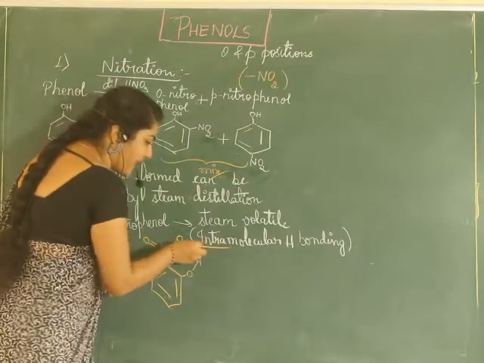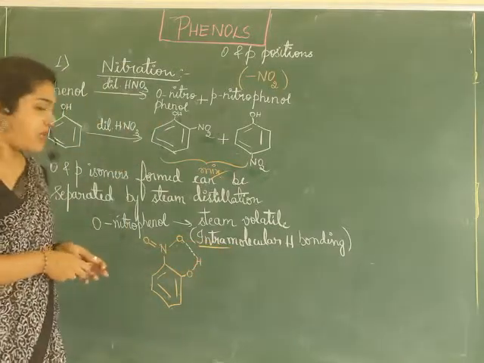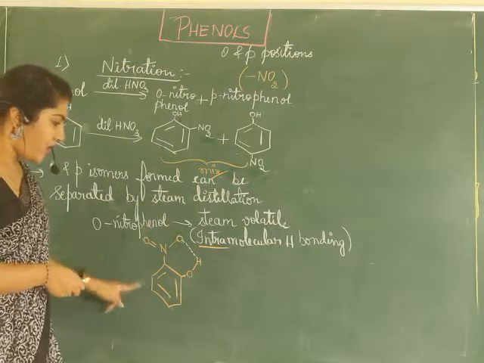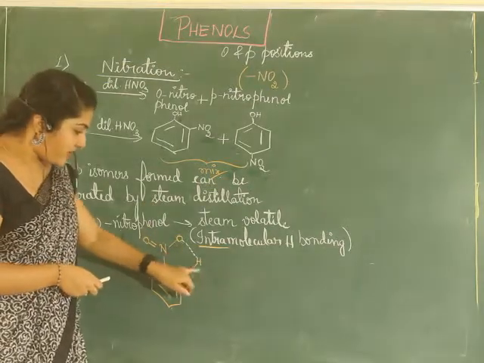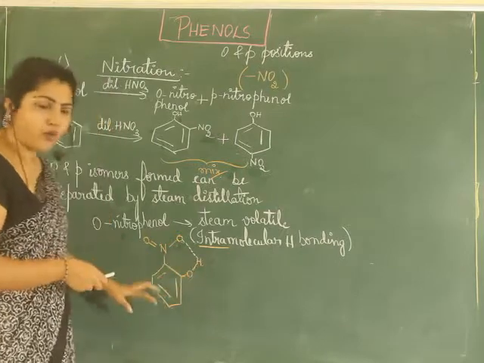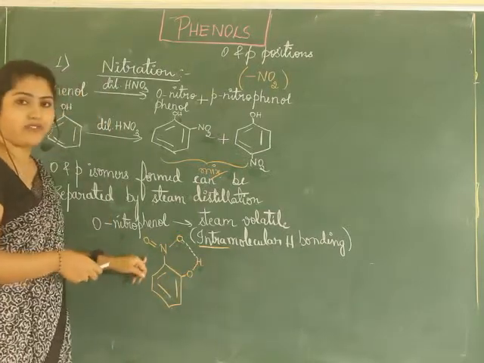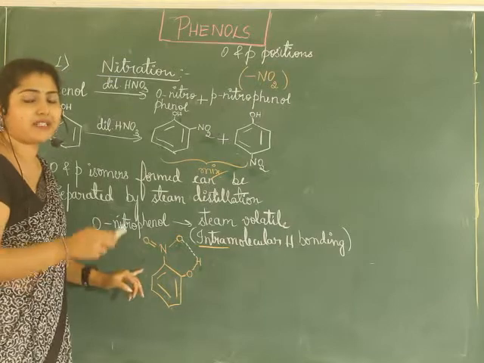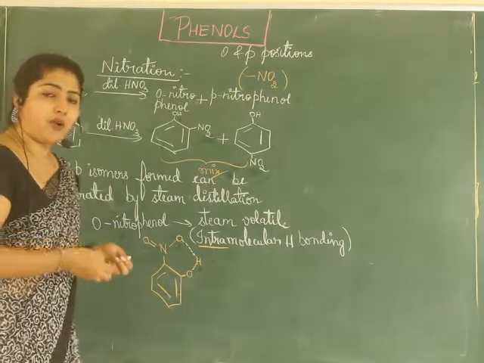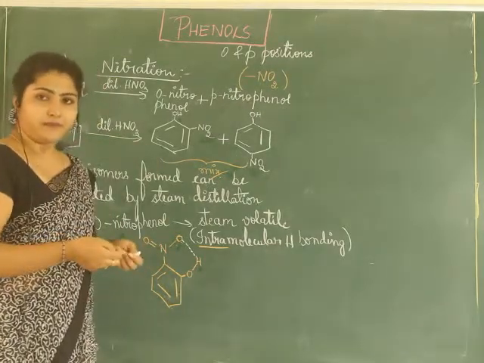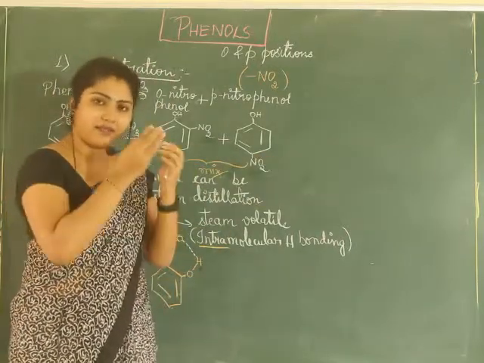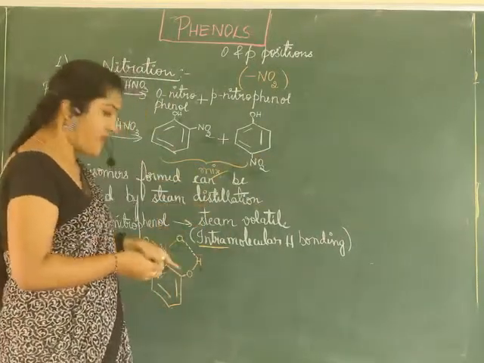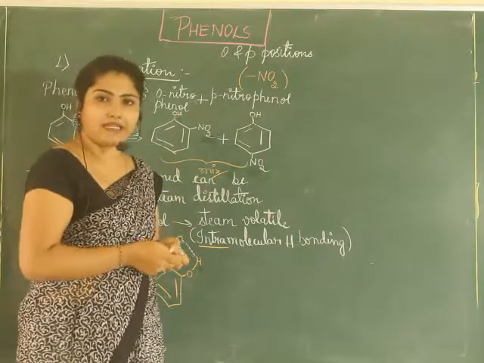Make a note, it is intramolecular hydrogen bonding. Why? Within the molecule itself it is forming a bond. Bond between this oxygen and OH hydrogen. Okay, this is orthonitrophenol structure. Because of this it is steam volatile. The bonds can be easily broken. There is nothing like holding it from the other sides. It's just that this bond has to be broken so it can evaporate easily.